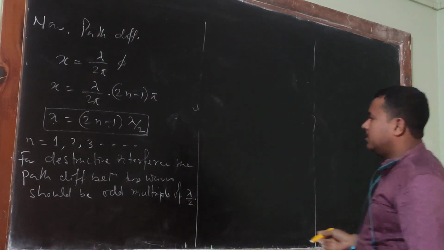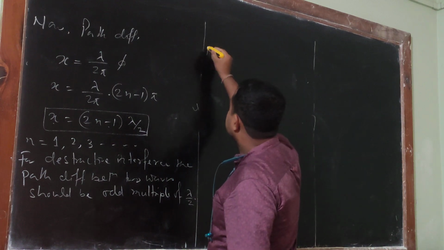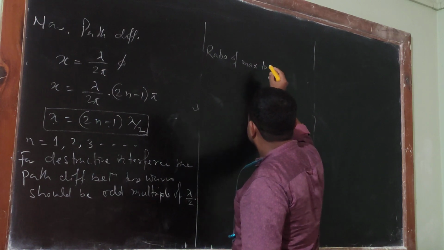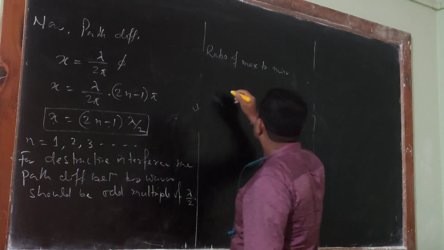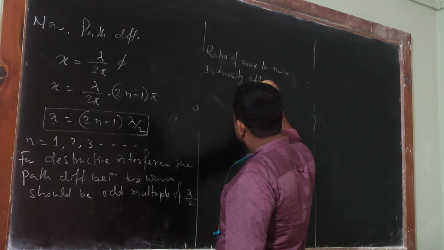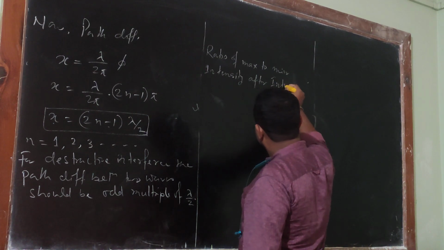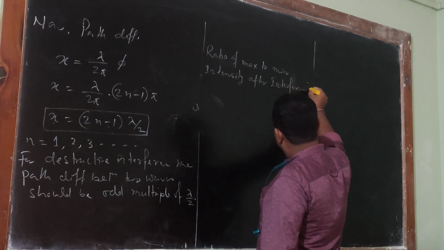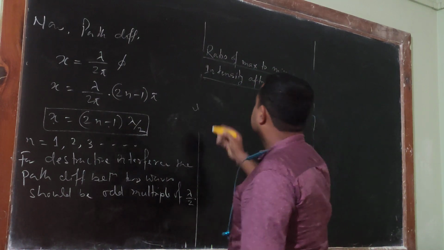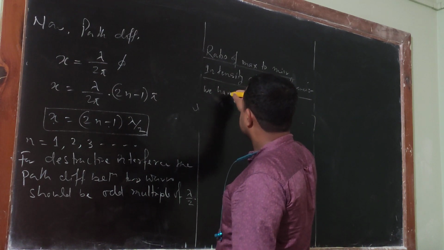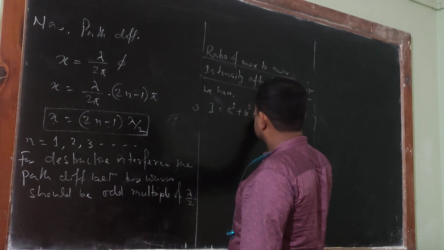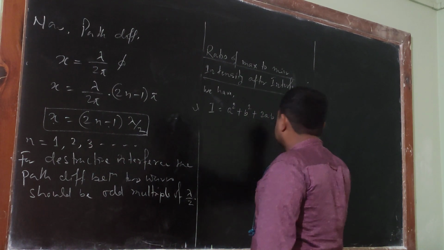Now let me give you the ratio of maximum to minimum intensity after interference. So we have I is equal to a square plus b square plus 2ab cos phi.